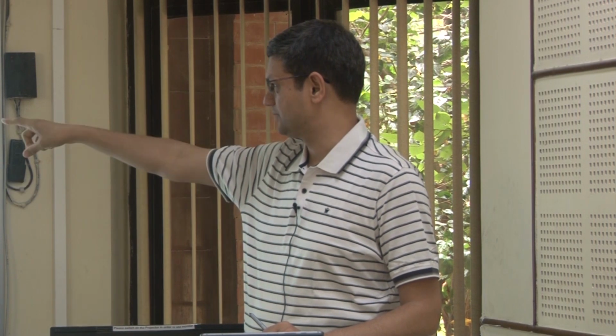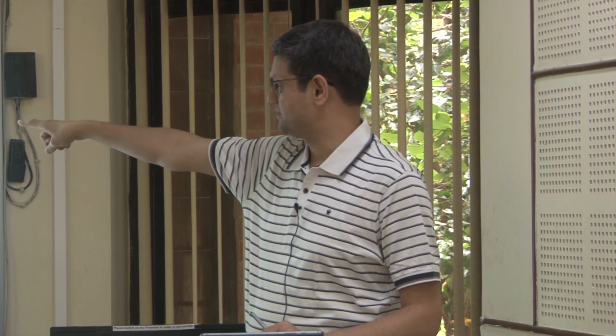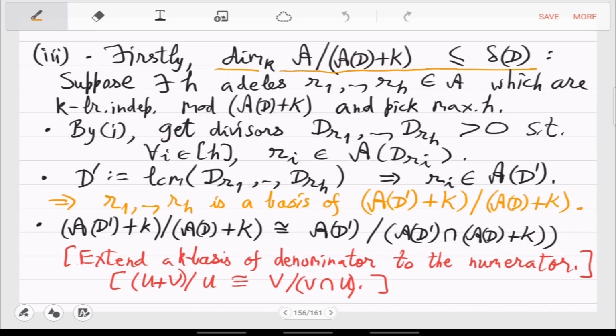It's a very simple proof. Then you can come back and say that take H to be either the maximum, or if it is infinite, then you take it to be delta D plus 1, say. So maybe I can just write here maximum H less than or equal to delta D plus 1.